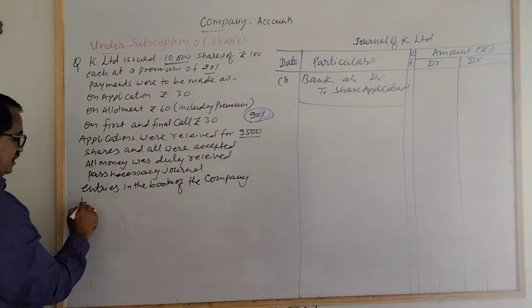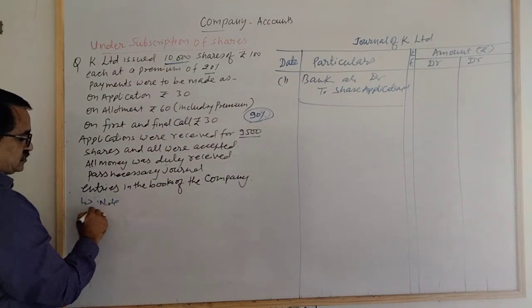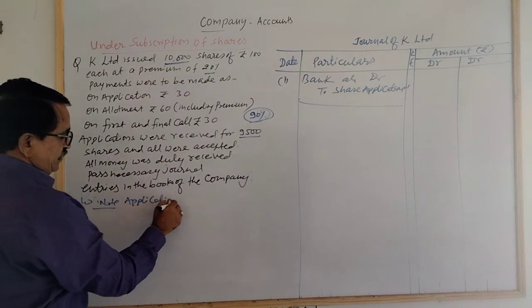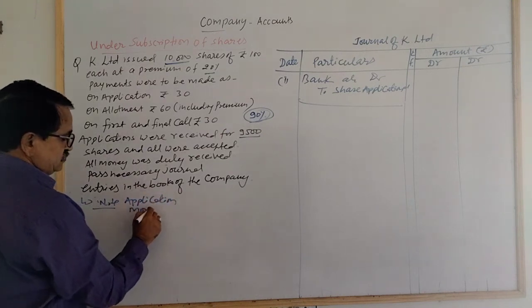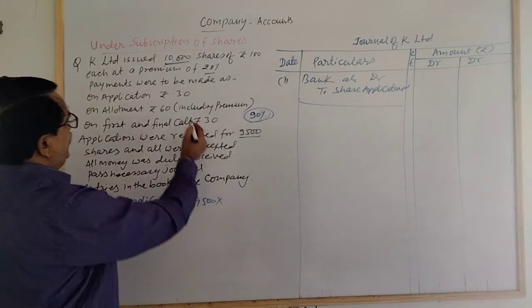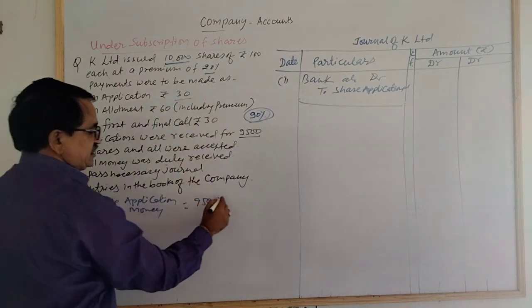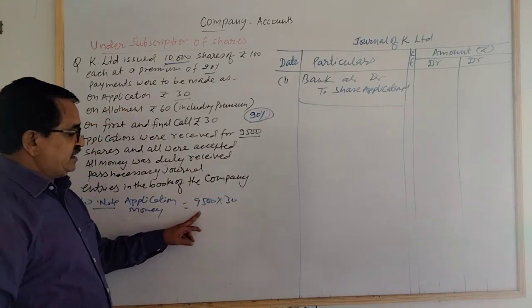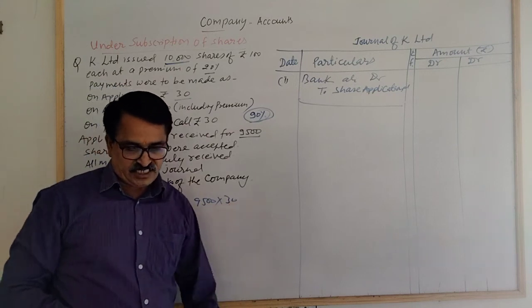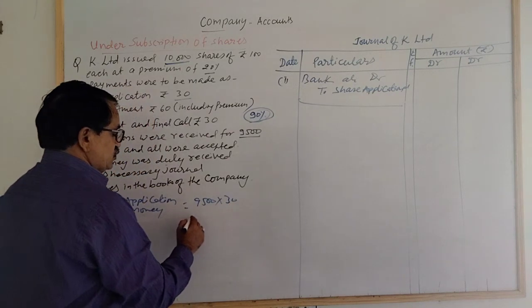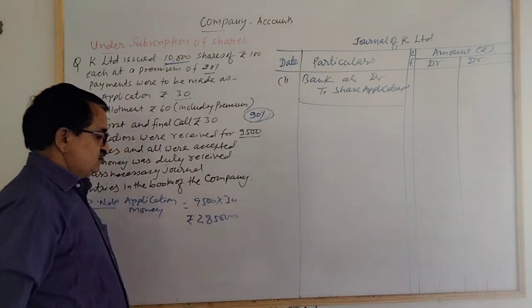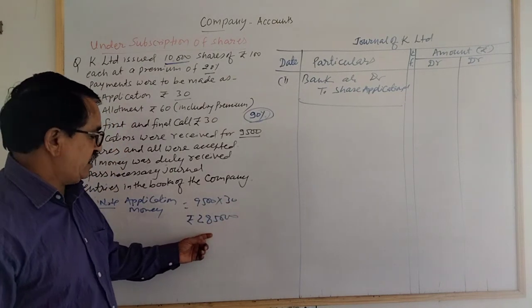You can prepare a working note: application money received. The number of shares is 9,500 and the application money per share is ₹30. So from 9,500 applications at ₹30, we will receive ₹2,85,000. This amount we are receiving on application.